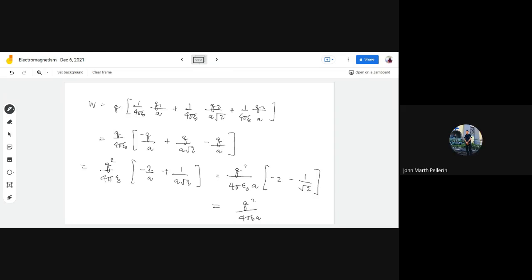Negative 4 plus the square root of 2, over 2, ma'am. All over 2. Yes, ma'am. Okay, you can choose to express this as such, or it is just a number.